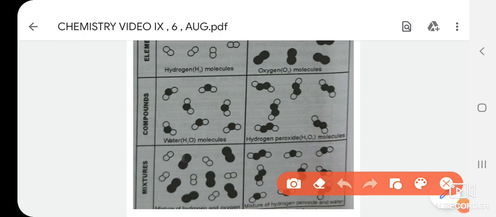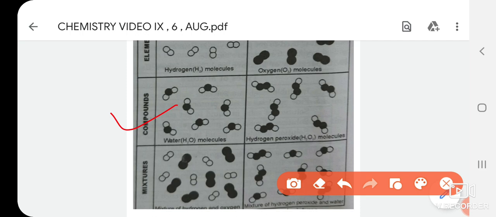Okay, next after elements, what comes? Compounds. So a compound is a substance made up of two or more elements chemically combined with one another in a fixed ratio. So compounds are pure substances, have fixed melting and boiling points. A compound contains the same kind of molecules and its formation involves changes in energy.